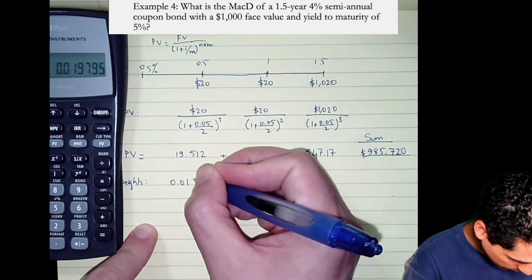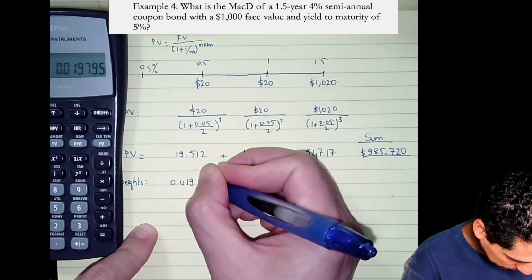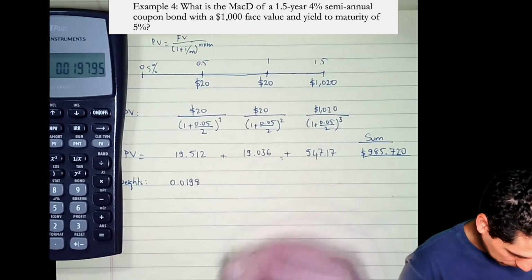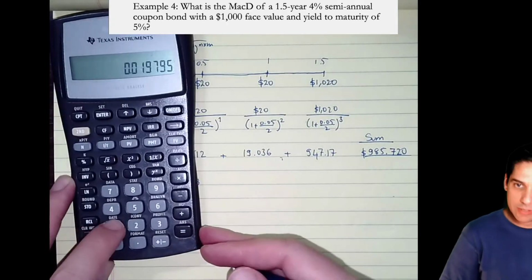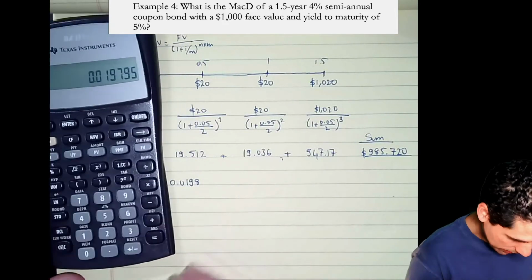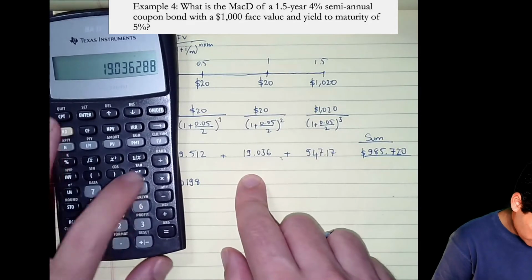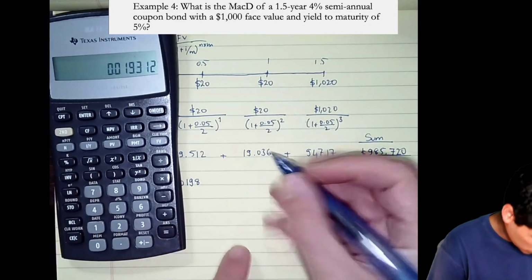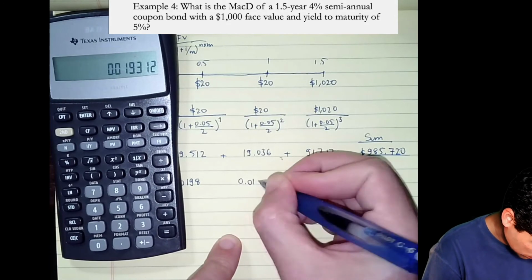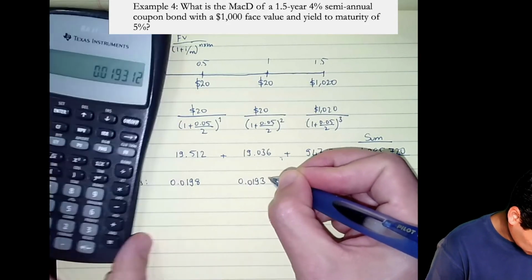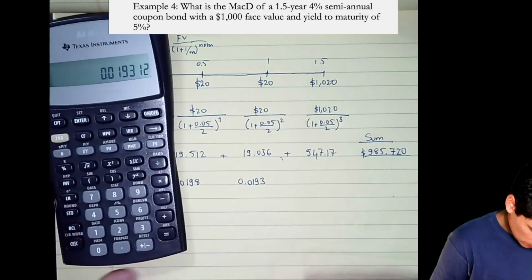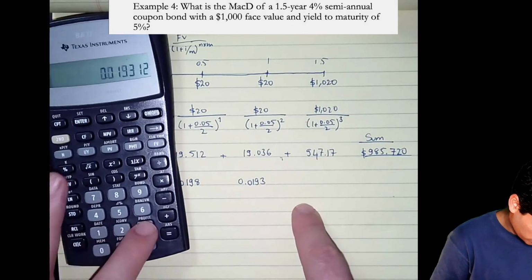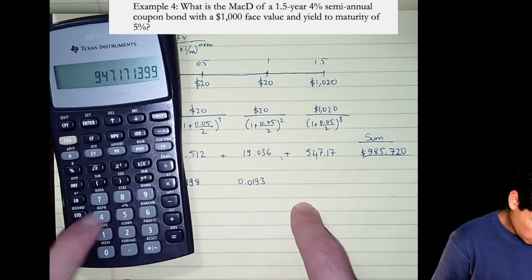0.0198. Store 1. So I'm replacing it; now I have the weight stored in 1. The second one, recall 2 divided by recall 4, equals 0.0193. Store 3, and then recall 3 over recall 4.